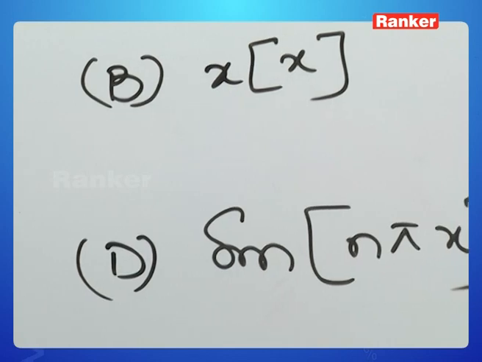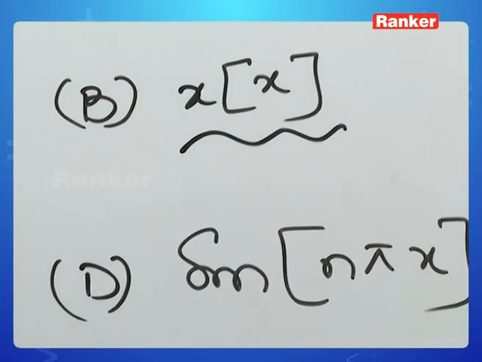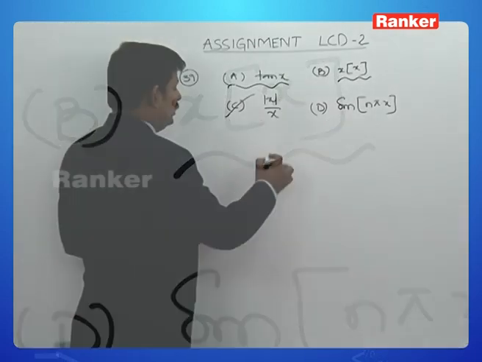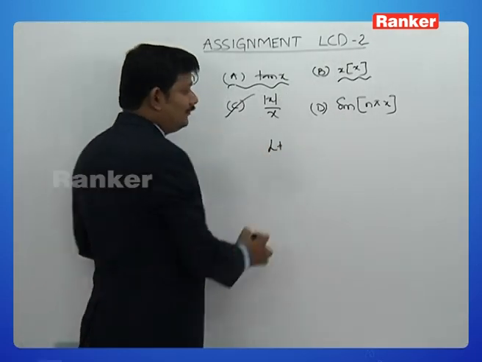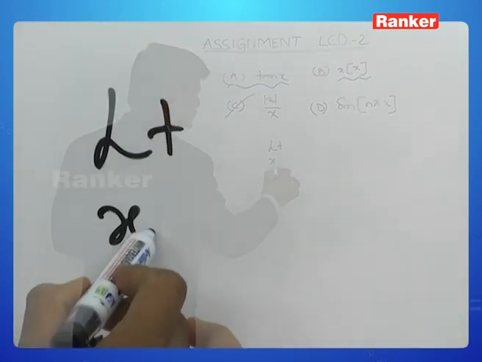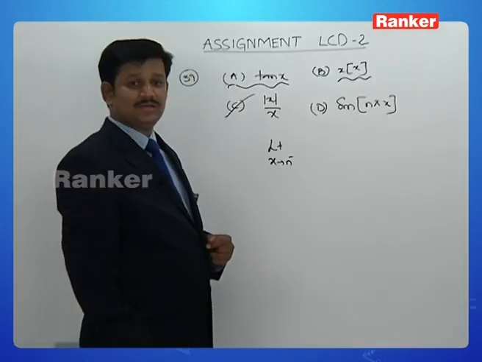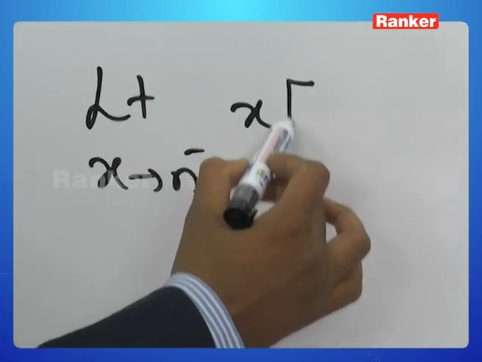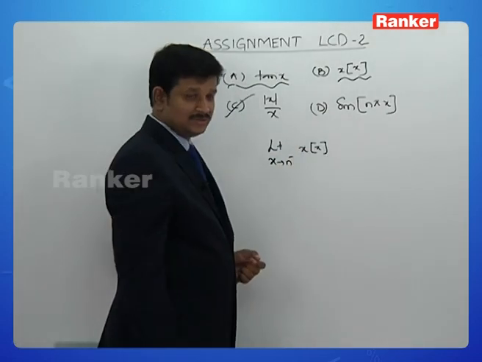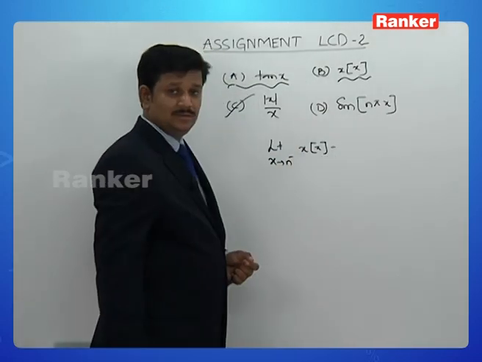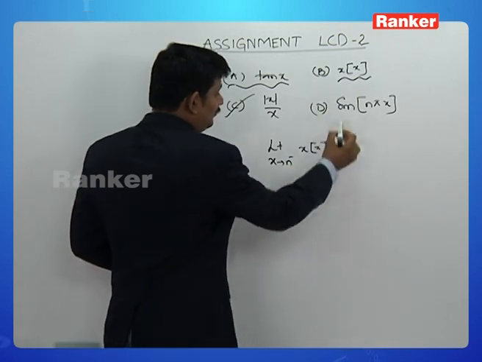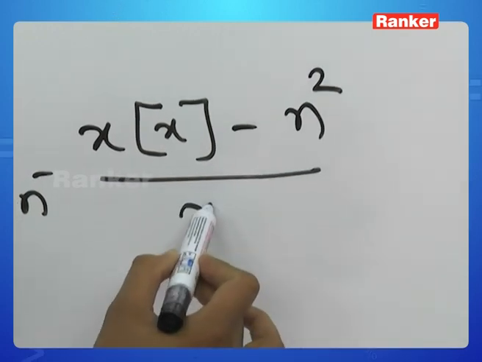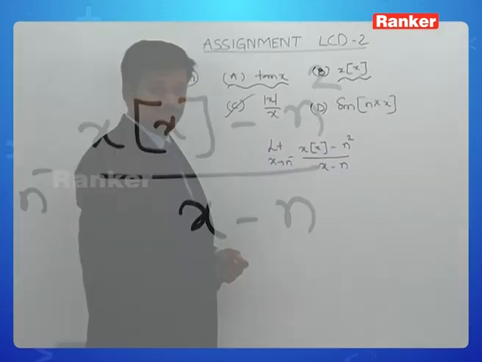Coming to B, differentiability of x into integral part of x is very interesting. Let us check differentiability at any integer n. Left hand derivative: limit x tending to n minus of f of x minus f of n, which is x into integral part of x minus n into integral part of n, that is n square, divided by x minus n.